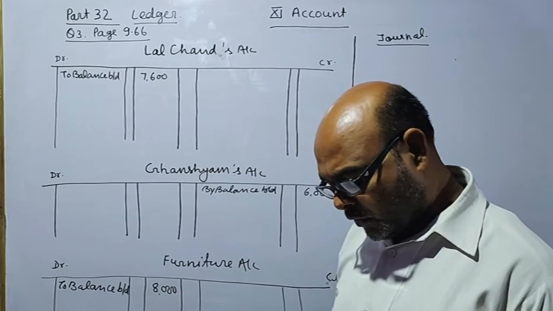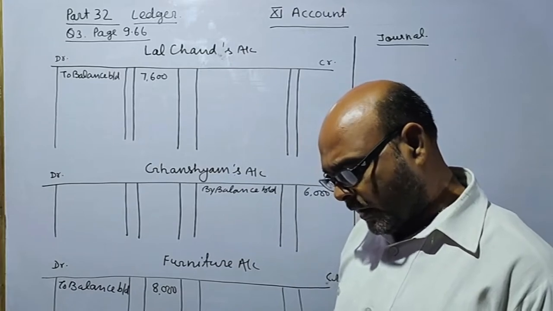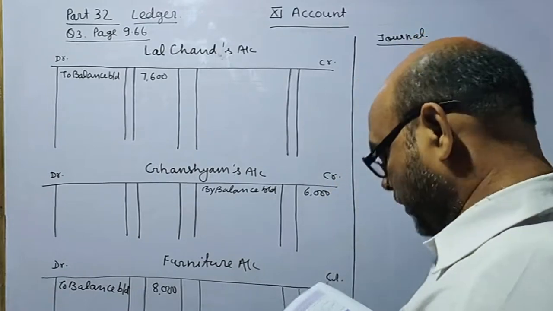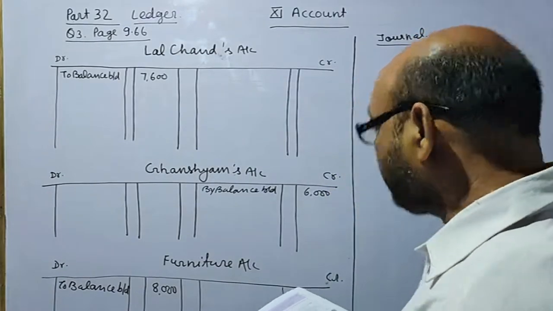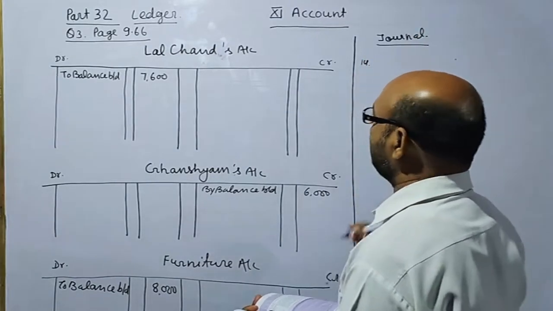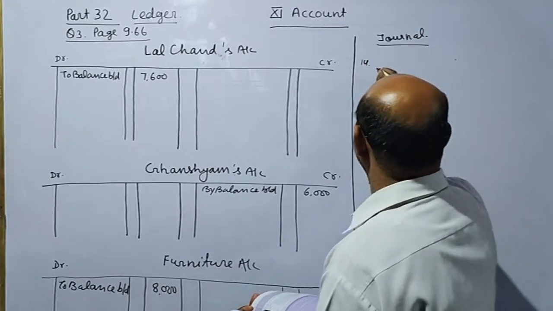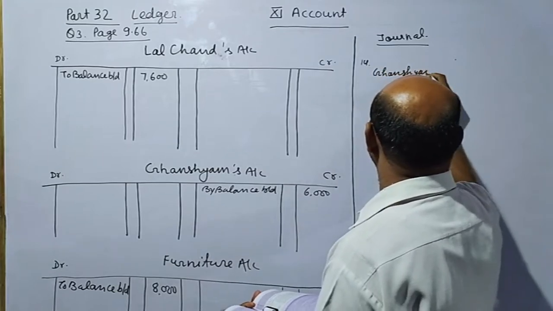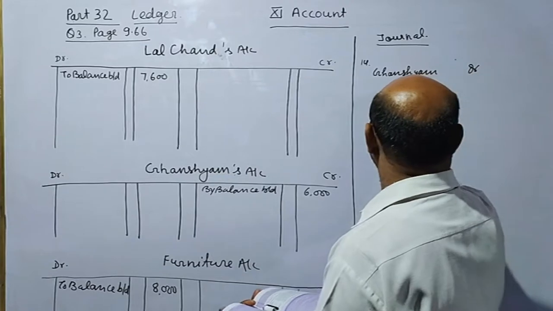Paid cash to Ghanshyam in full settlement of his account. So Ghanshyam, this is the date 14. Paid cash to Ghanshyam. So Ghanshyam debit to cash account.